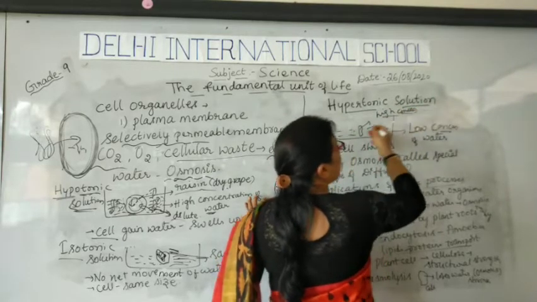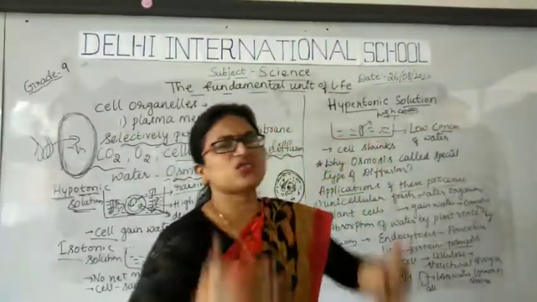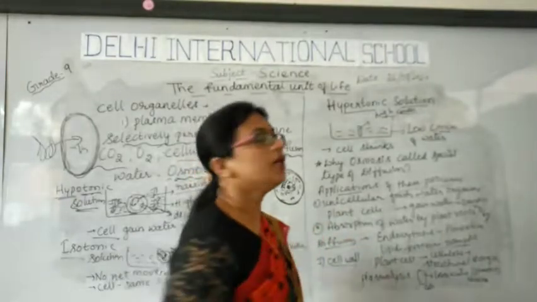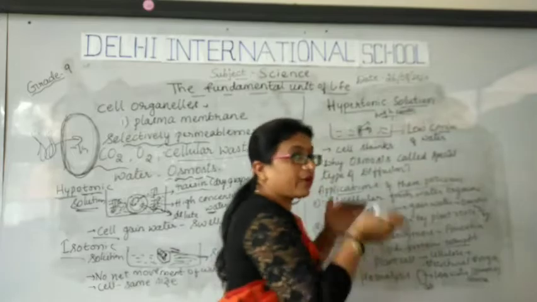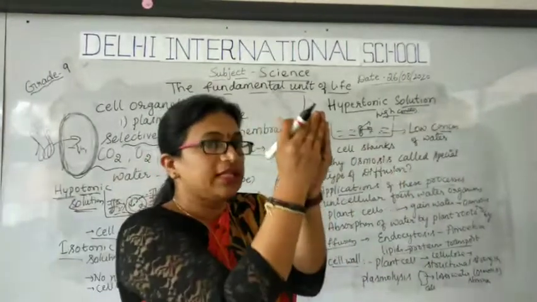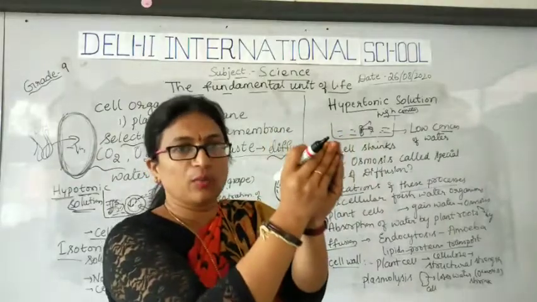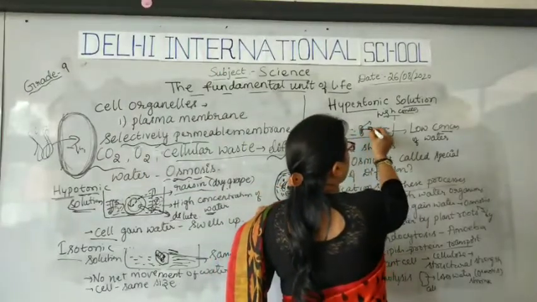Inside the cell a high concentration of water is there and outside the cell less concentration. Then from where to where does the water move? The water moves from the cell to outside, because inside the cell water concentration is more. That's why the water molecules move from the cell to the outside.